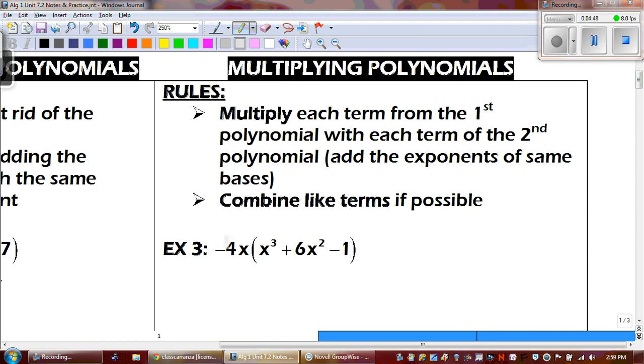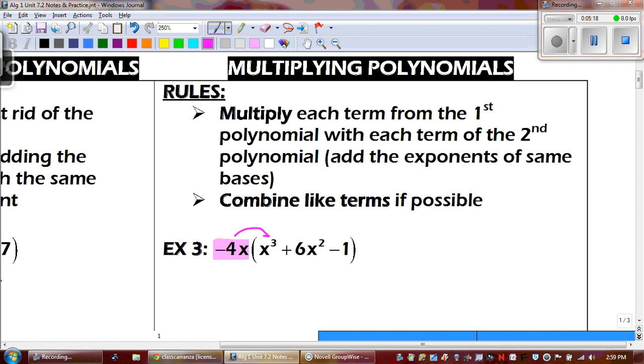my first term, this right here, that's a monomial. I'm going to multiply a monomial with a trinomial. Okay? So when we do this multiplication, just like before, I'm going to make sure that I multiply that negative 4x by everything.